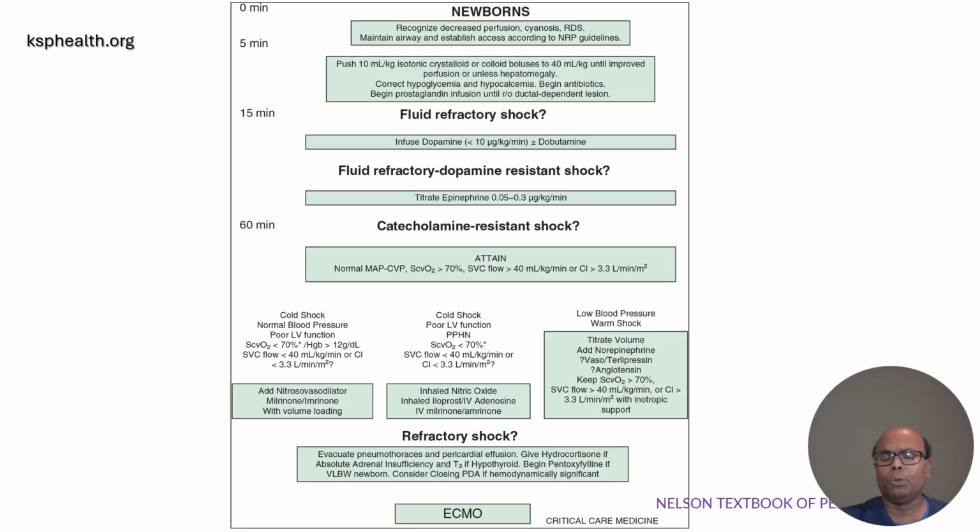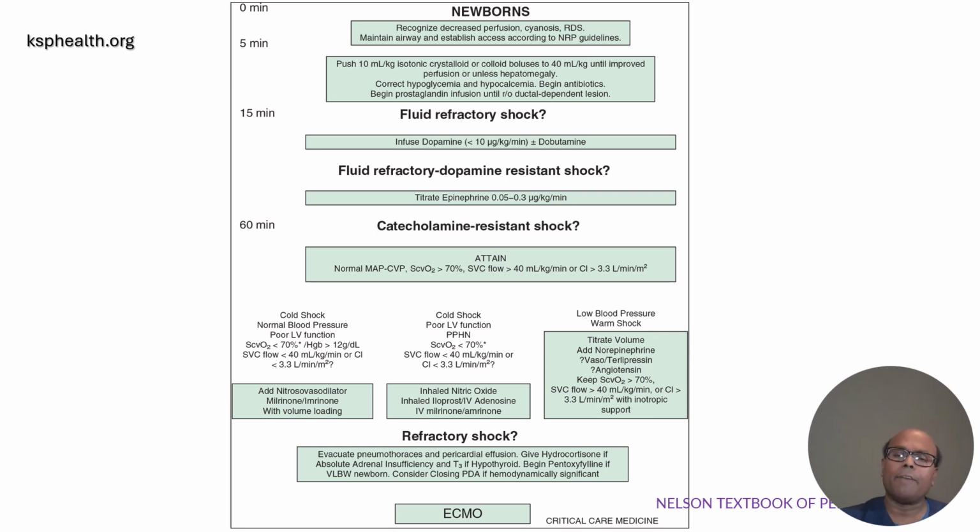I want to show you how the newborn algorithm for shock is being followed. When you suspect shock in a newborn, give a fluid bolus of 10 ml per kilo, using isotonic crystalloid, and you can repeat the bolus of 10 ml per kilo to a max of 40 ml per kilo.